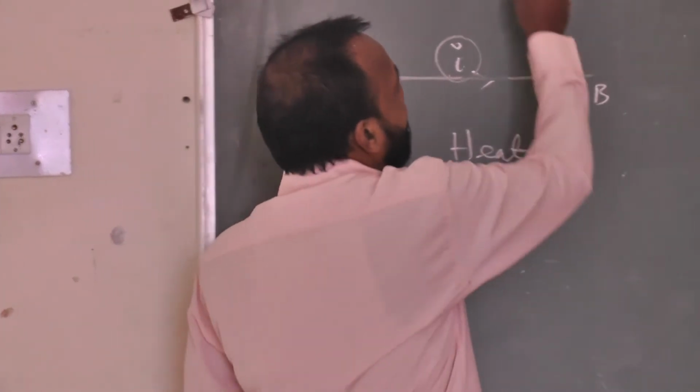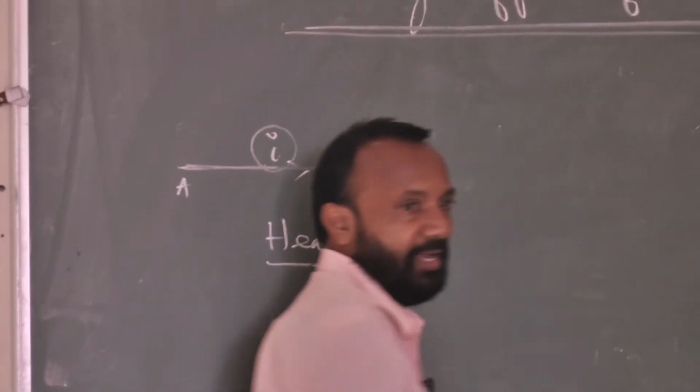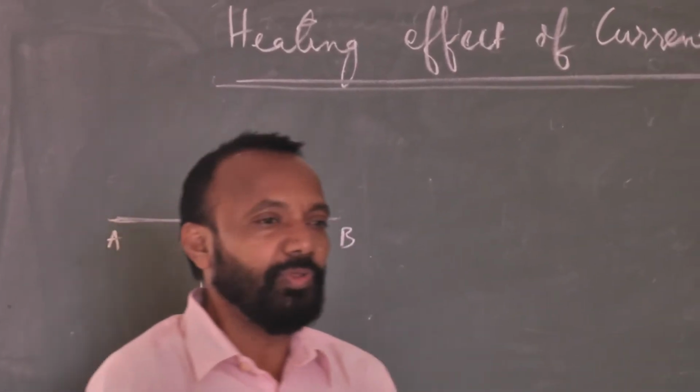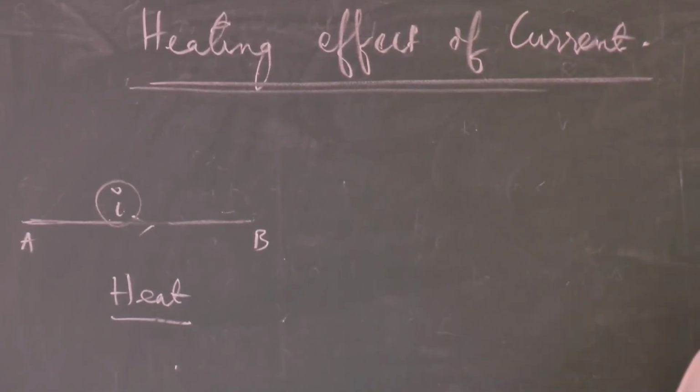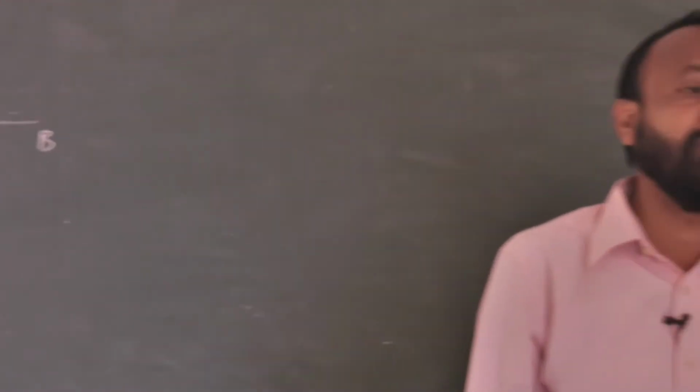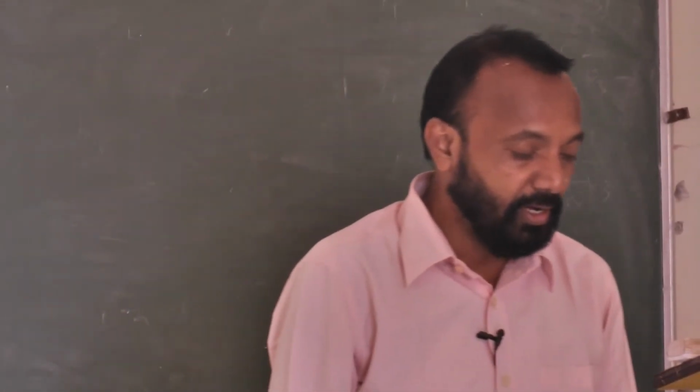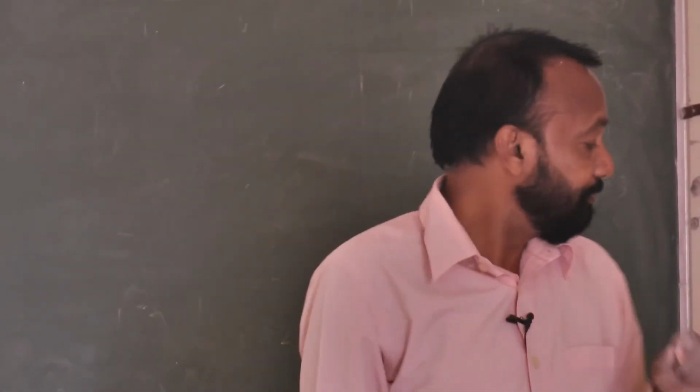So here we will discuss the heating effect of the electric current through a conductor. You must know that the phenomenon of production of heat in the resistor by the flow of electric current in the conductor is called the heating effect of the current. So how do you write?